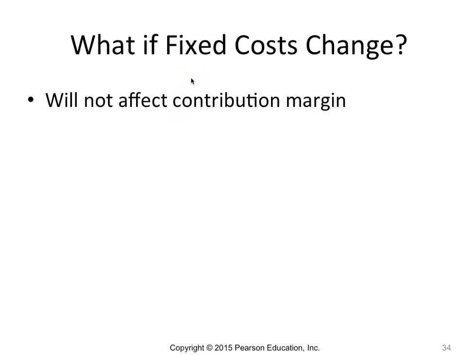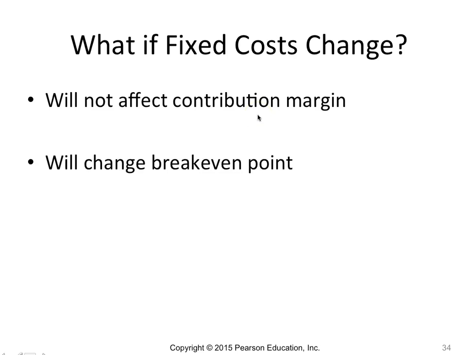If fixed cost changes, that change comes after contribution margin has been calculated, because contribution margin is revenue minus variable cost. It doesn't have anything to do with the fixed costs. So contribution margin is not going to change, but it's going to change the break-even point.